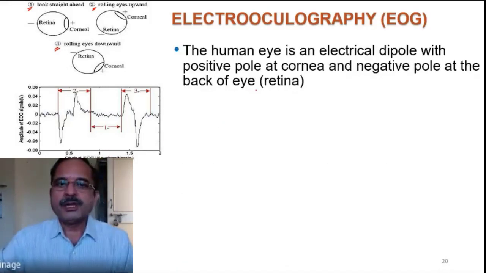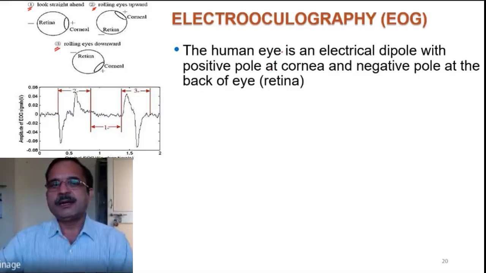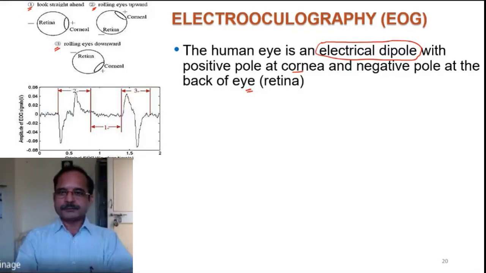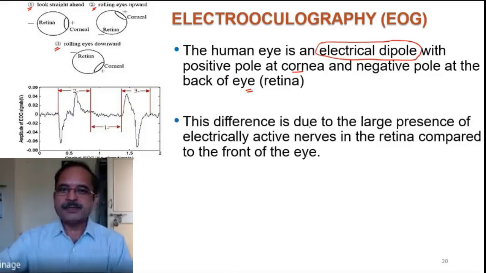Now the measurement of EOG is based on the principle that the human eye works as an electrical dipole, with a positive pole at the cornea and a negative pole at the back of the eye. That's why we connect electrodes on the front and back side of the eyes. This difference is due to the large presence of electrically active nerves in the retina compared to the front of the eye.